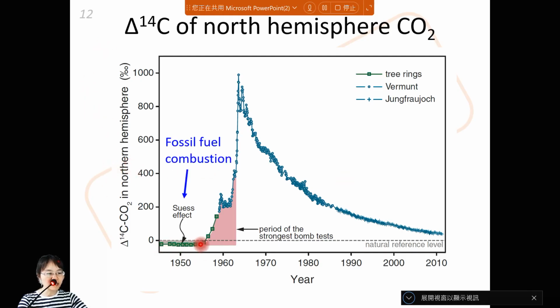If you look closely, at 1950 the big delta C14 value is slightly negative, not zero. This is the so-called Suess effect. It is caused by fossil fuel combustion, because humankind has combusted a lot of fossil fuel, and fossil fuel carbon has no C14 because it is all very old organic matter. This old organic matter, which has no C14, enters the atmosphere and dilutes the C14 proportion in the atmosphere. Therefore, the C14 at the time is slightly negative.